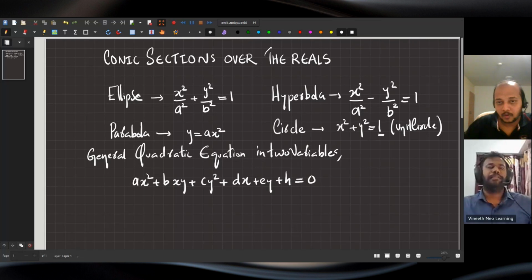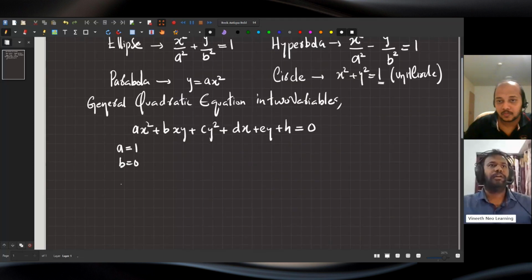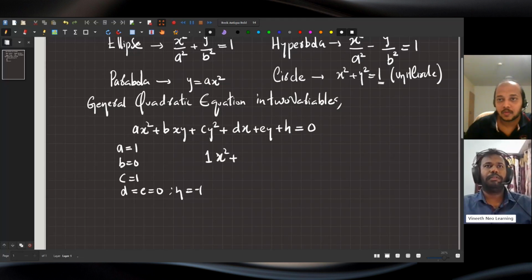If we put, say, a equal to 1, b equal to 0, c equal to 1, d and e equal to 0, and h equal to -1, we get the equation of a circle: 1 x squared plus 1 y squared minus 1 equal to 0, or x squared plus y squared equal to 1.